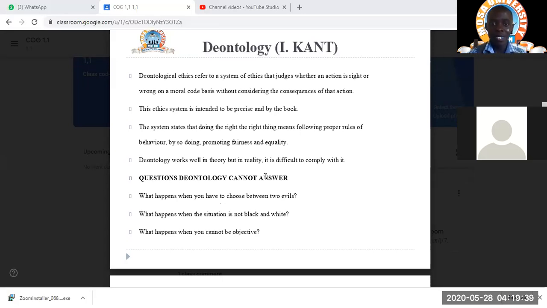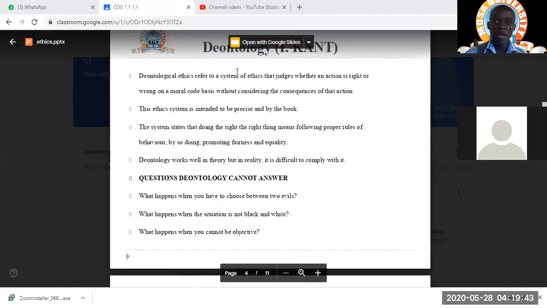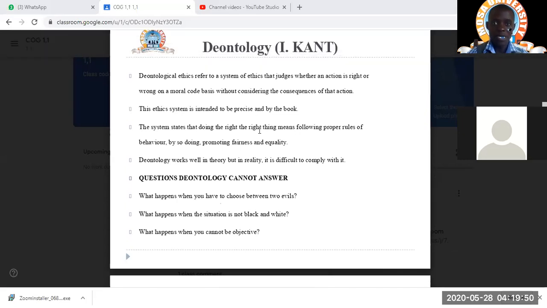The essence of choosing the right thing is so that you can achieve something in the end. But what happens when, regardless of what you choose, the outcome may be bad? Okay, so we're saying the theory of, or the ethics in deontology explain that an individual should choose the right action no matter the consequences.